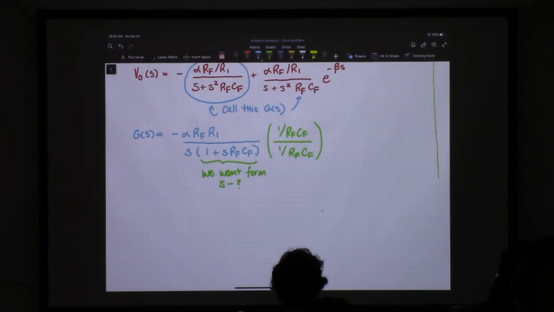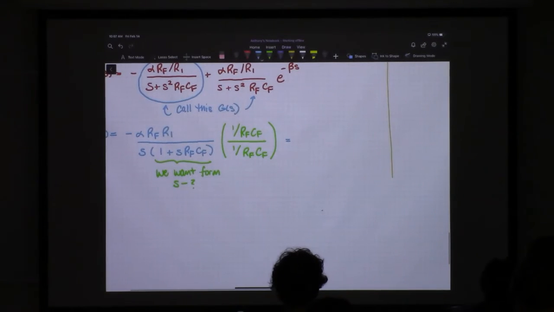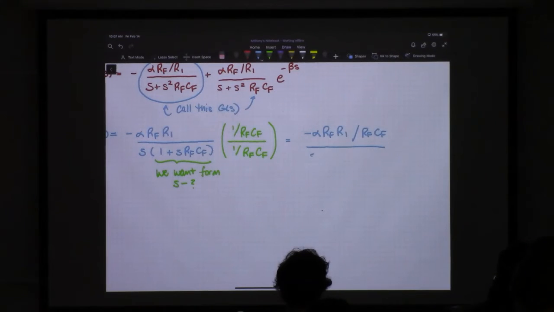Okay, and what will happen is then we'll get something which is more like the traditional form we are used to seeing, which will give us negative alpha RF R1 divided by RFCF over, and now this will become S times S plus 1 over RFCF. Right?